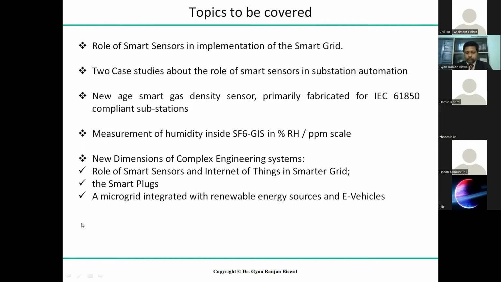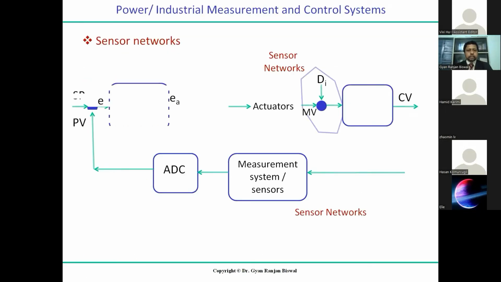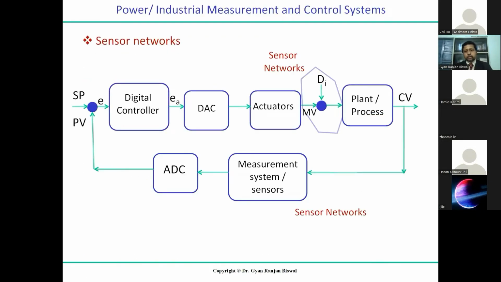So this is one of my very popular closed loop systems, to define the role of sensors in a smart grid environment, or in the world of sensor networks. It is a typical closed loop system, which we normally study under control systems.